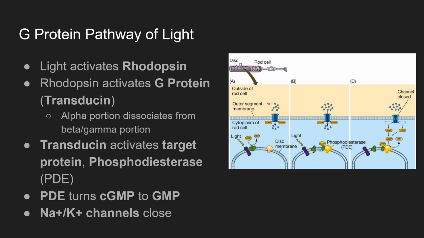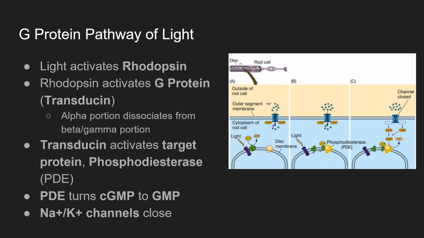So in this case, again, light is going to activate that retinol inside of the rhodopsin protein, and then that's going to activate your G protein with the GTP, and in this case that G protein is called transducin.